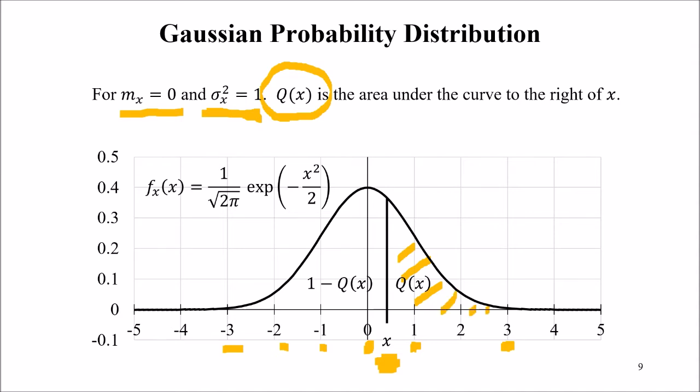And since the total area under the curve has got to be equal to 1, that will also give us the area to the left as 1 minus the number from the table, q of x. Now, the table itself, to save space, only gives half. The maximum number it will give is 0.5. It goes from the mean, from the value of 0 to the right.